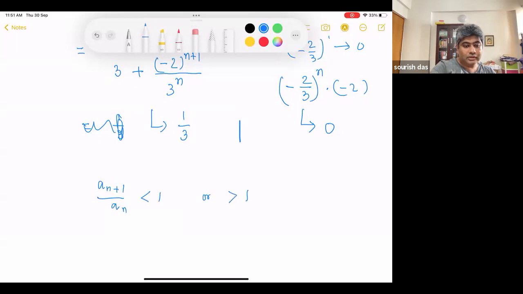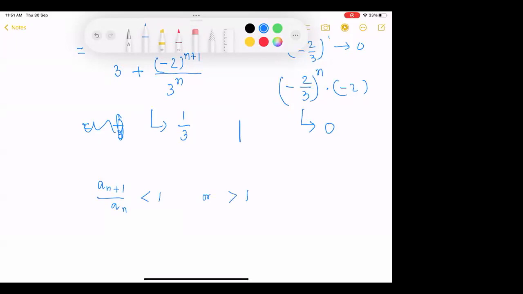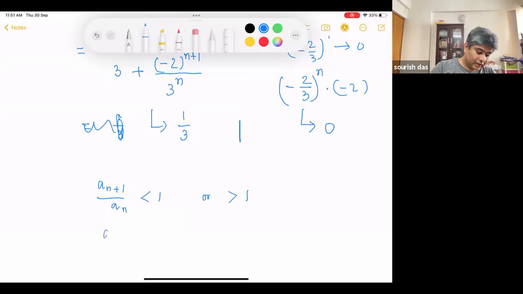If it is less than 1, then a_n is convergent, and if it is greater than 1, I can say that it is divergent.